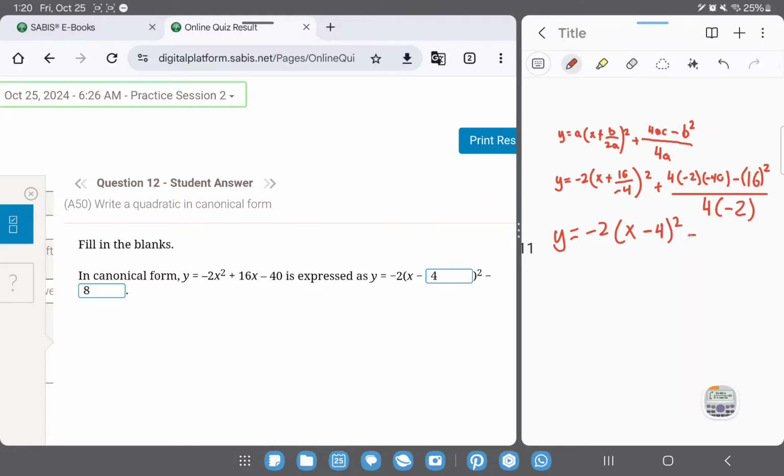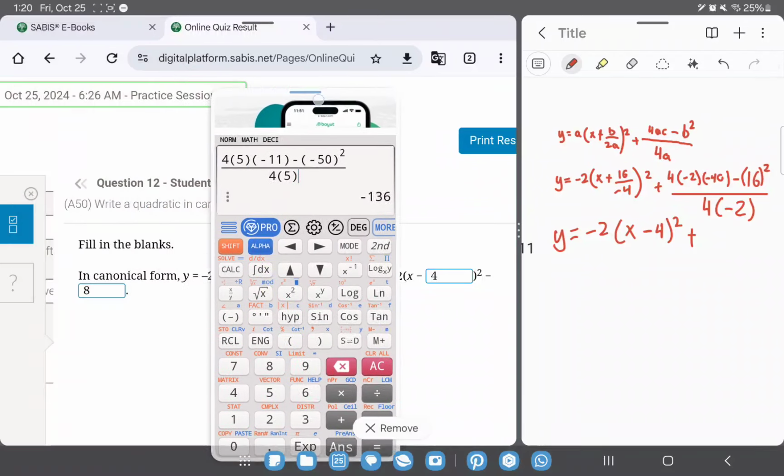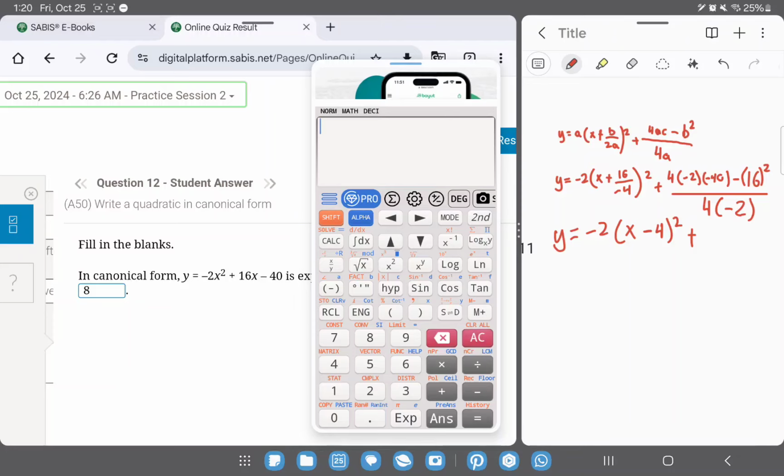So squared plus, you're going to do this again. Where's the calculator? Here it is. You're going to input all this in the calculator, because don't try doing it by yourself. 4 into negative 2 into negative 40 minus 16 squared over 4 into negative 2.